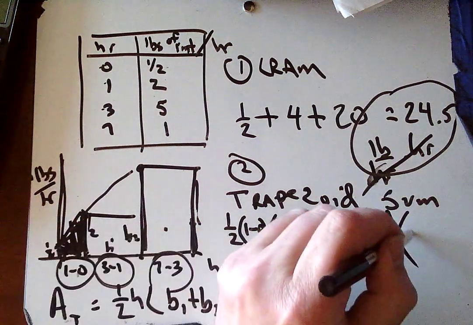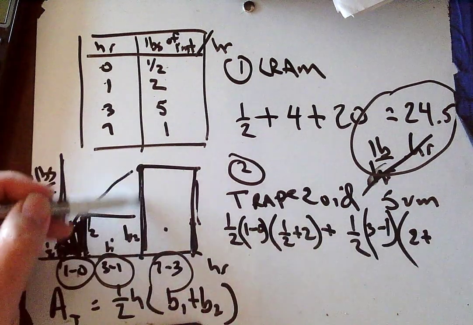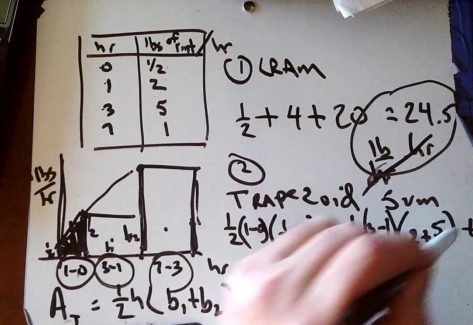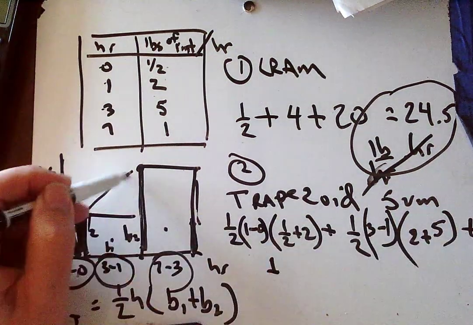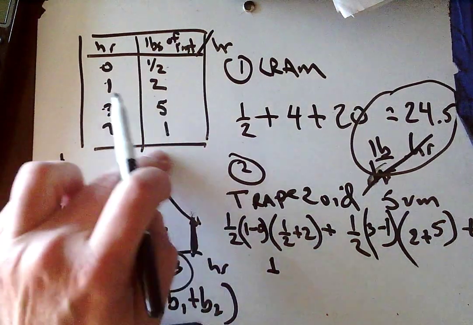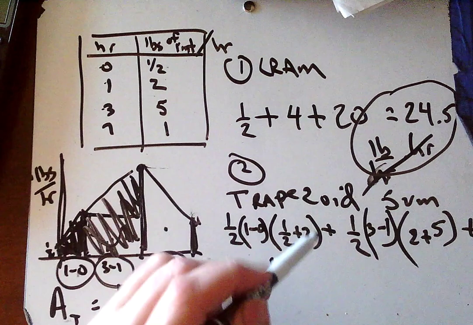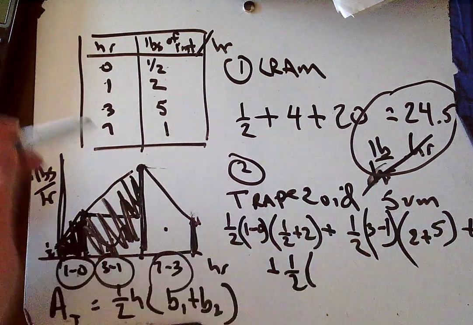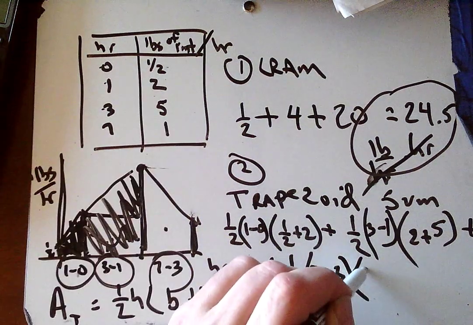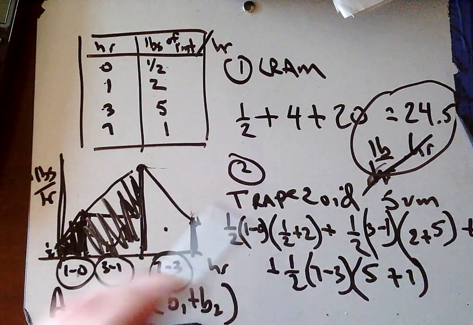Base 1 is 2. And base 2 over here is 5. And finally, we've got this last trapezoid, which is that one. And that one's going to be 1/2. The subinterval width is 7 minus 3. And the bases are 5 and 1.